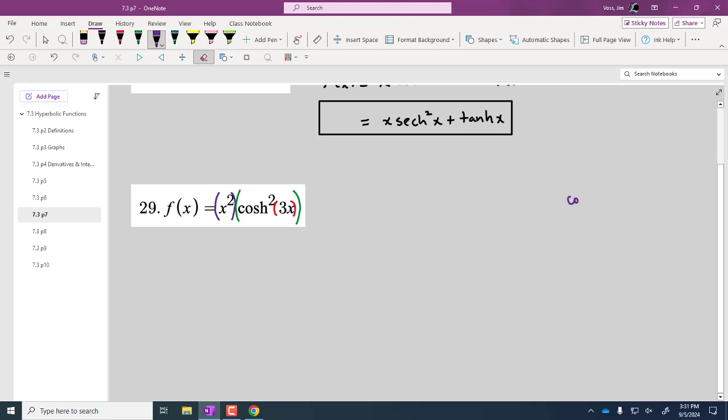If you have cosine, let's go to trig. If you have cosine squared of 3x, and you want to take that derivative, do that on your paper. I want to see how many of you can get that right out of the gate. Take the derivative of cosine squared of 3x.